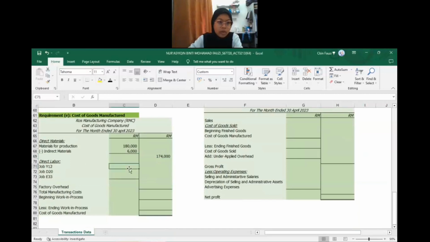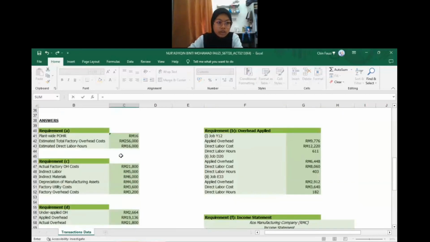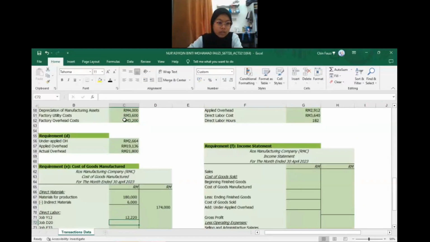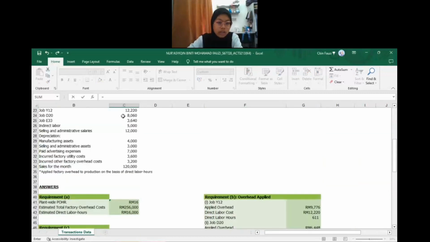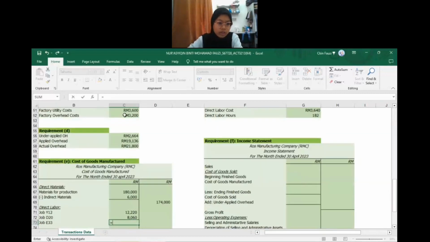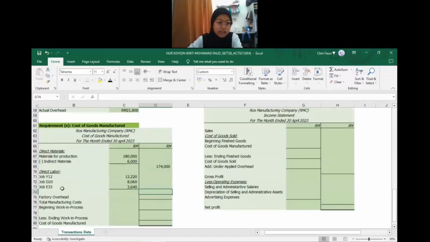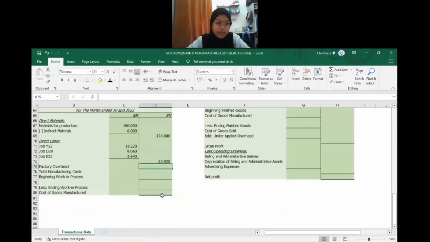Next, job Y12, the direct labor cost question given 12,220. Job D20, 8,060 ringgit. Job E33, 3,640. Calculate all these jobs and we get 23,920. Next, factory overhead.